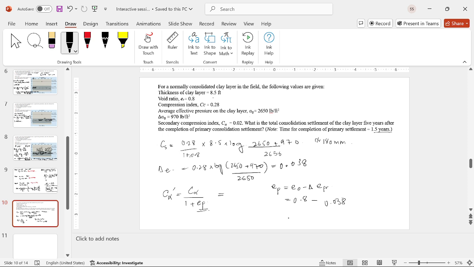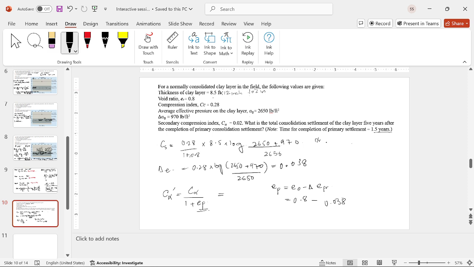Okay, we have to multiply this by 12 to get an inch. 8.5 into 12, this is 102 inch, and here we will have 180 into 2.15 inch.